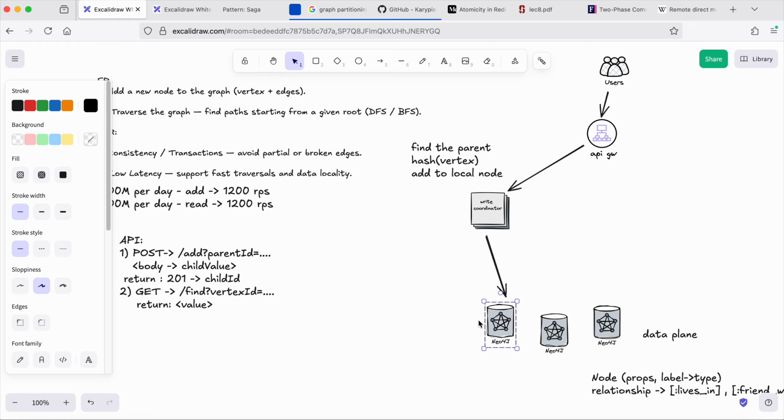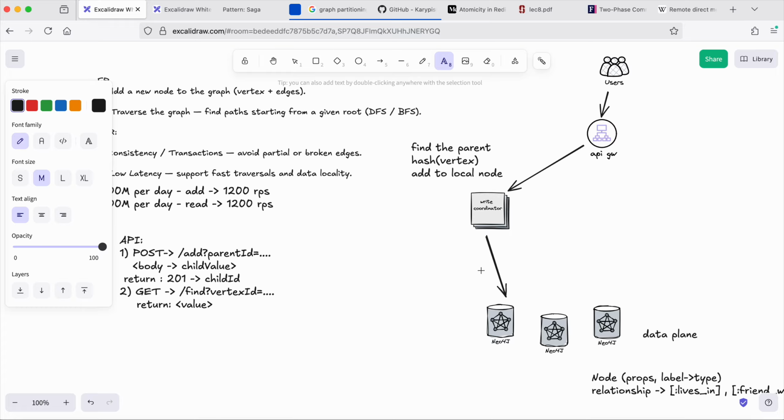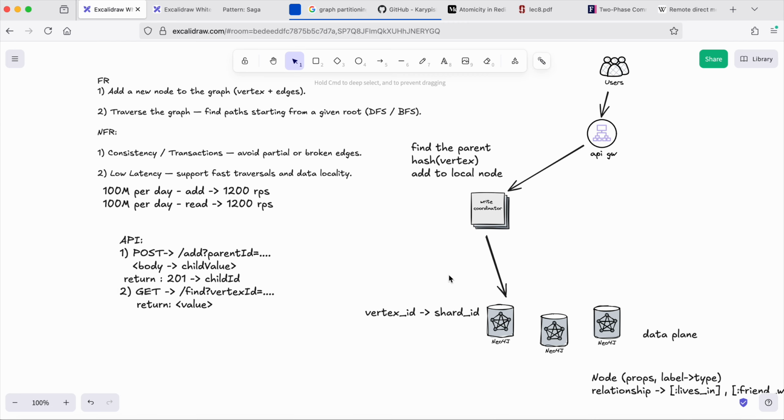Our graph partitioning algorithm will analyze the structure and output, let me add here, vertex ID to some shard ID. And we will store it to our Neo4j.